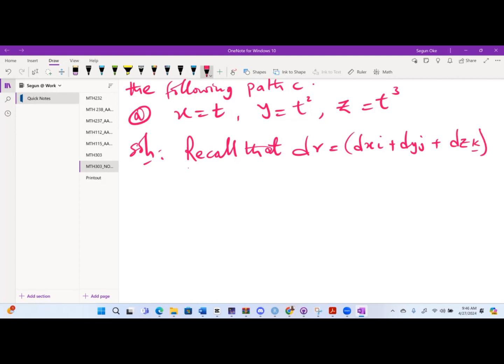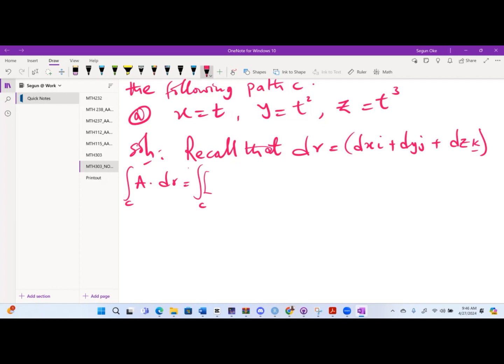But we know A, right? Our integral of A dot dr equals the integral over C, then put your A there.